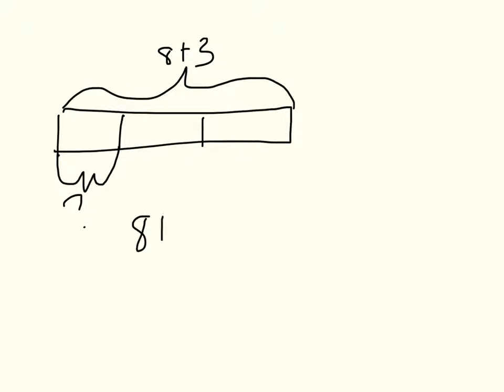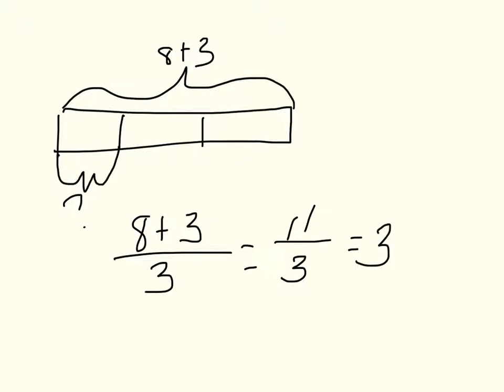Okay, you have 8 plus 3, and then you're dividing that into 3 sections. So that's going to be 11/3, and you're dividing that into 3 sections, so that's going to be 3 1/3.